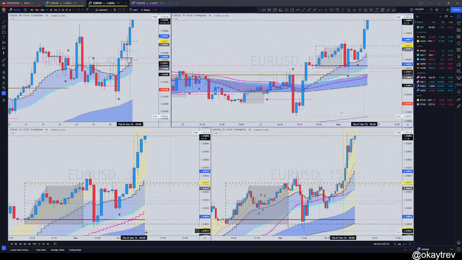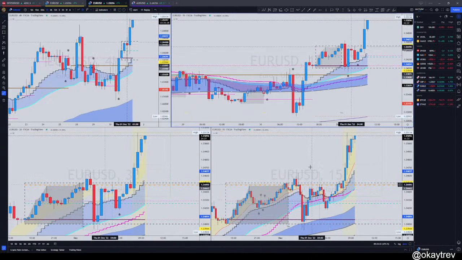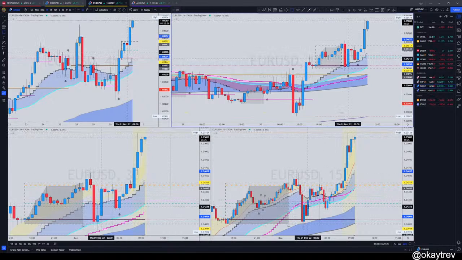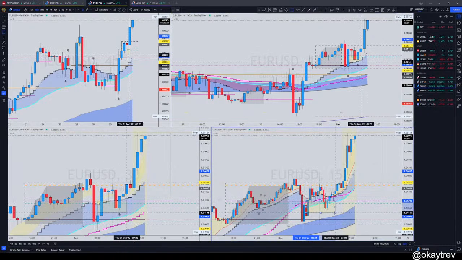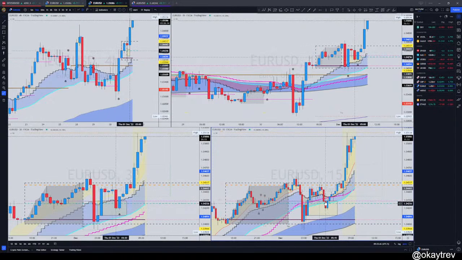This is a massive push to the downside. Price created this demand right here with the engulfing of this candle. We got our engulfed demand. Price came back, retraced, gave a rejecting candle. Price broke the rejecting candle on the open. Got the wick.